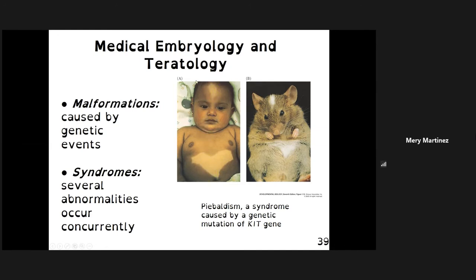Okay, it also includes deafness and the absence of nerves in the gut. So how many did I name? 4, 5, 6 different malformations, and that is a syndrome. So you're going to have many.